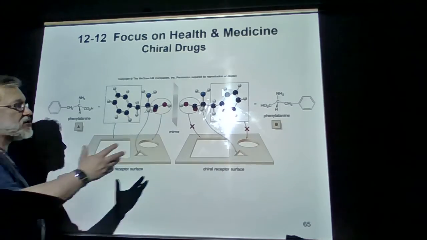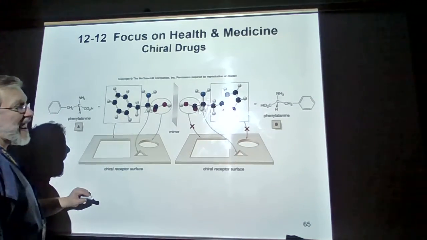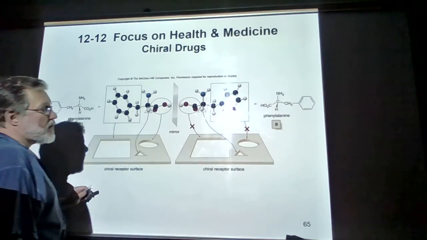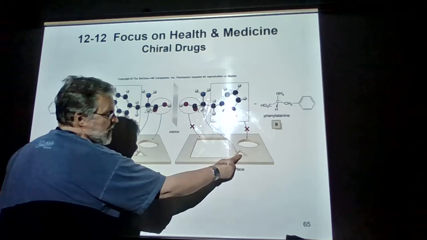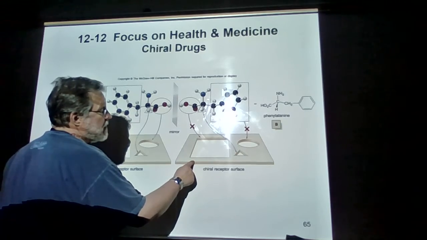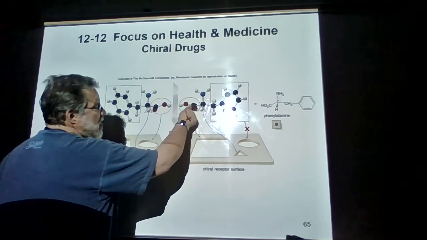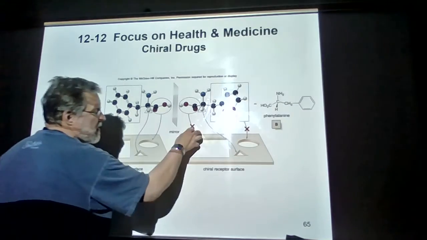Its mirror image, though, does not have the correct orientation. This small hydrogen group is not there, it's here. This carboxylic acid group is not there, it's here.